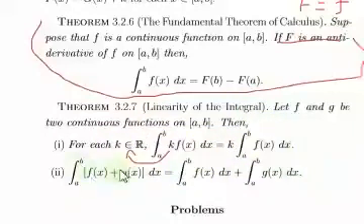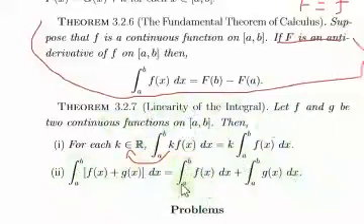If you have a sum of two functions, then this integral is the same as the sum of the integrals. That is another property. So this integral operator satisfies the linearity properties.